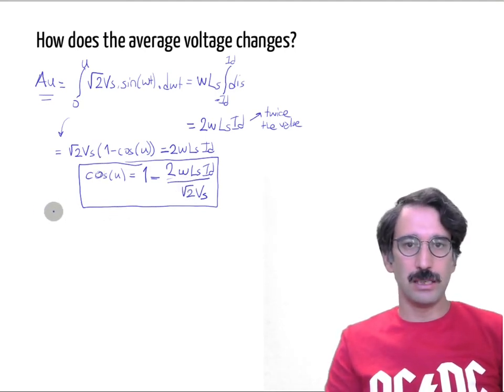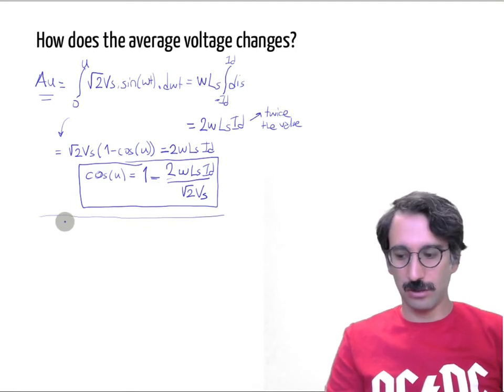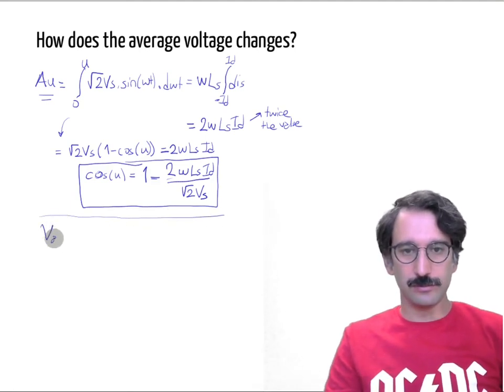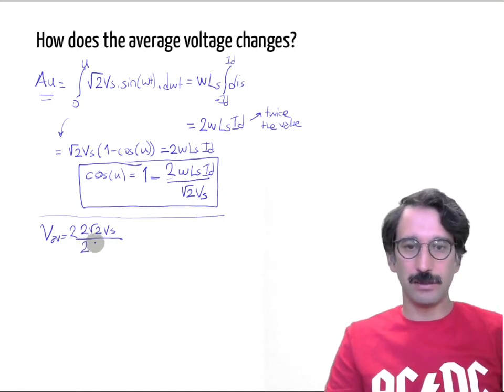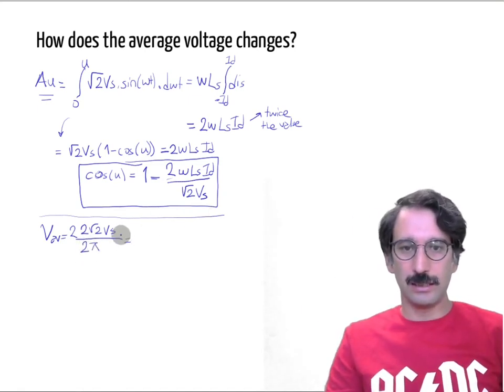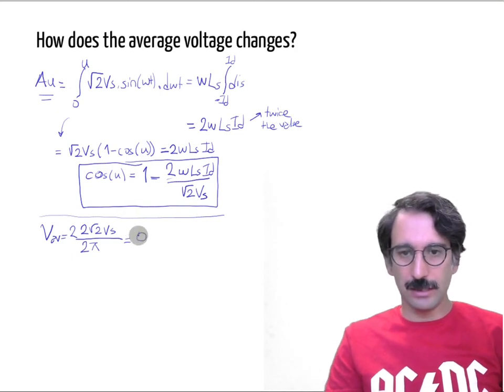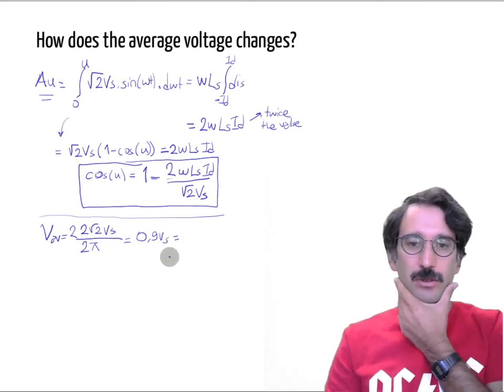What about the average voltage? In the previous case, remember, it was 2 square root 2 Vs over the area under that curve, and I have 2 of those because it is a full wave rectifier, divided by 2 pi, and it is basically 0.9 Vs. And I think in the previous video I made an error.